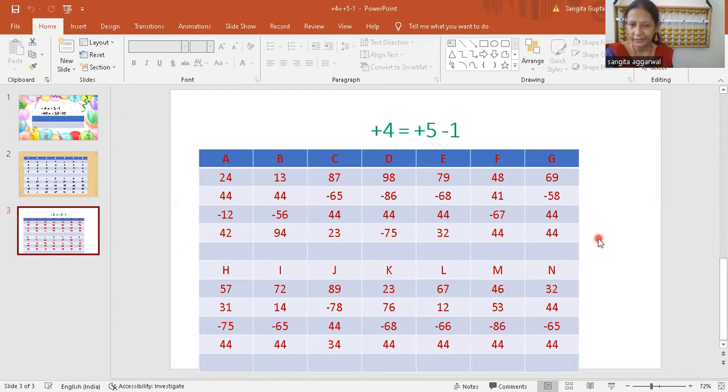This is your practice sheet also. After learning from me on the Abacus how to do this, you can use these formulas and then solve these sums. So let's start with these sums.